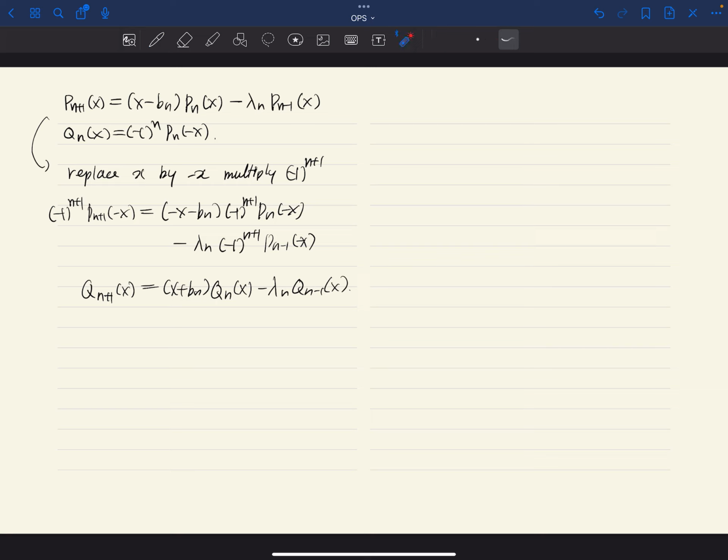Now compare these two equations. If this is the only difference, the sign of b_n is the only difference between these two. They have the same initial conditions. Thus P_n(x) equals q_n(x) if and only if b_n equals 0.